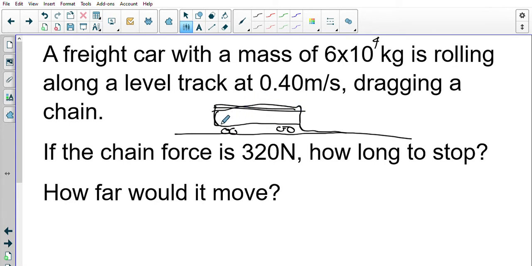We should put some graffiti on there. Trains always seem to have graffiti. Oh, all right, how long is it going to take to stop?